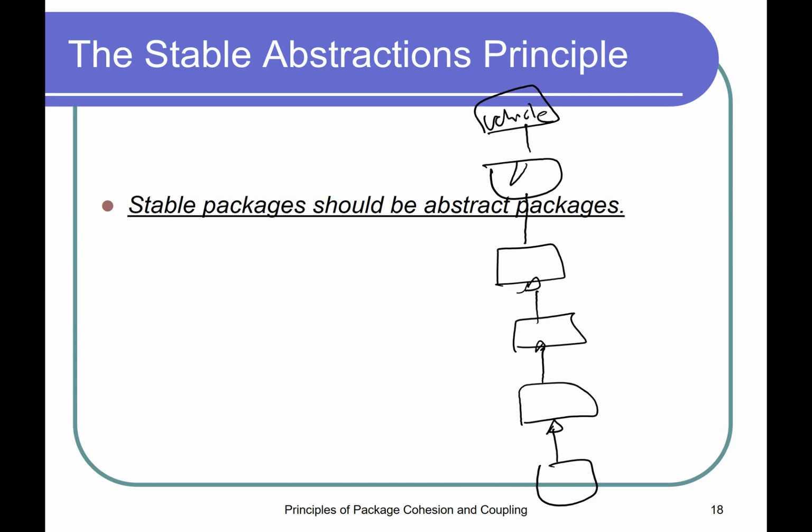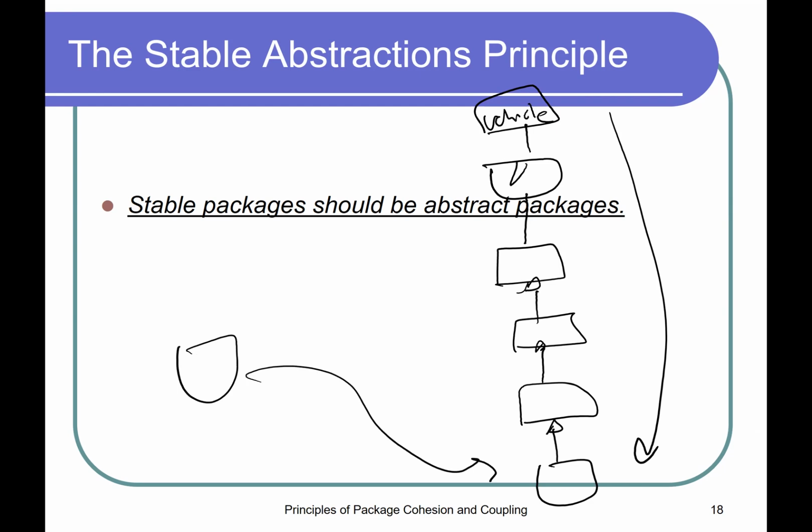If I look at the very bottom here, Toyota Camry Blue GLE 2020, that is going to change every year. So if I'm a client package outside depending on this one, then my dependency is very weak, because I'm depending on something that is going to change very, very frequently.